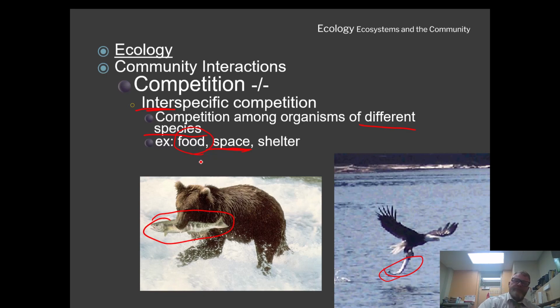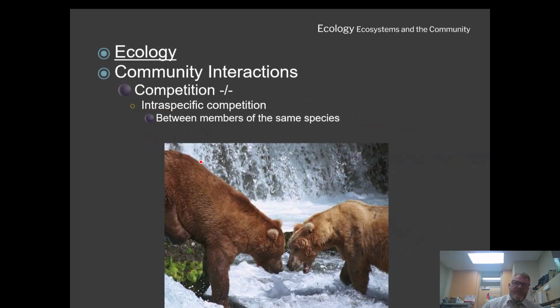Now, intraspecific is between the same species. And usually when we're talking about this, we're talking about competition for a mate. That competition for a mate can be competition for a house, wherever they live, their territory or whatever you want to call it.